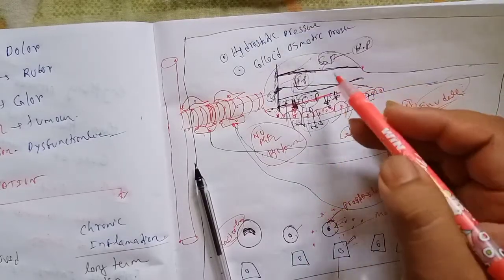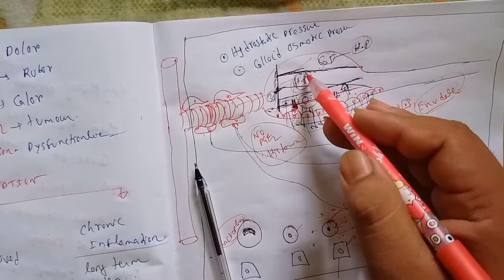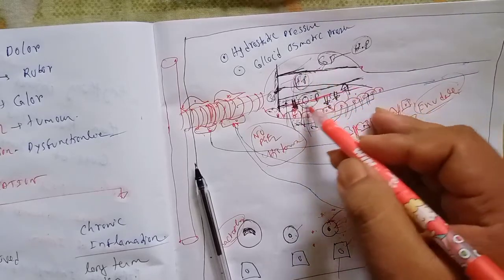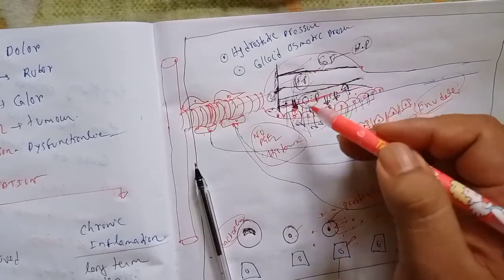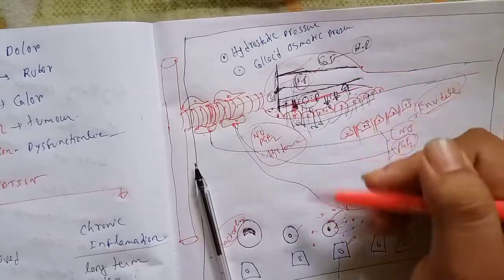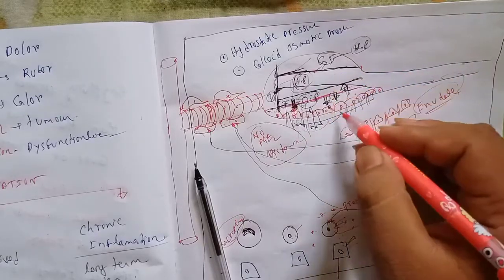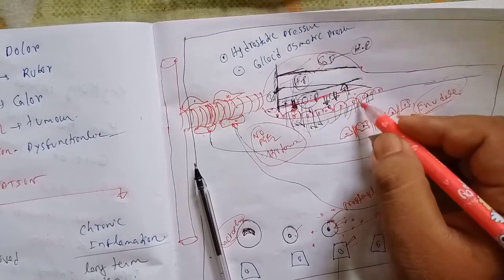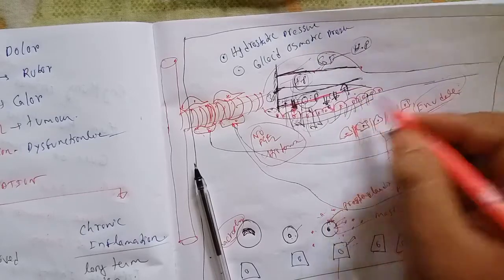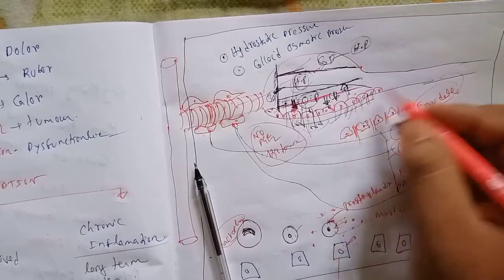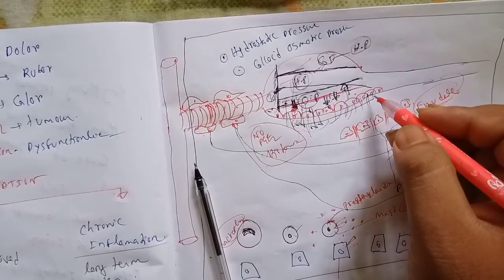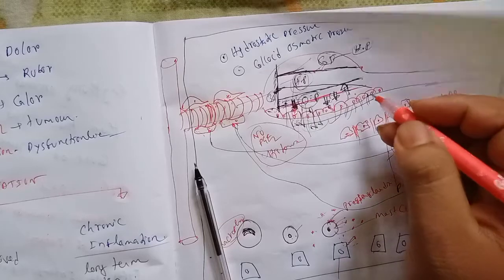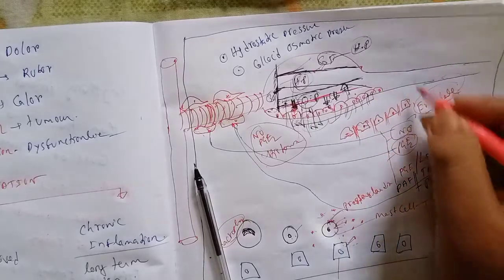So there is a difference between the hydrostatic pressure and the osmotic pressure, but not by inflammation, just normally. Then the protein-rich fluid will come out, but less, because there will be tight junctions between the endothelial cells. So a very small amount of fluid will come out. That is called transudate.